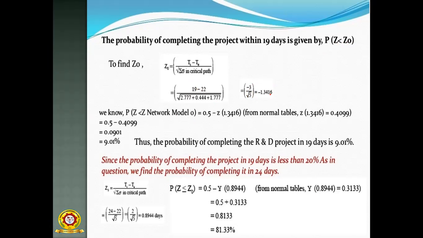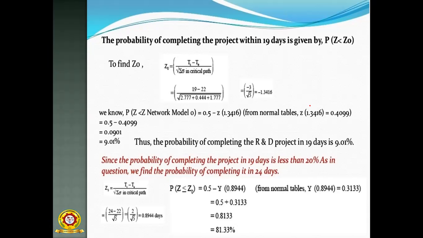What is the value of root 5? Root 5 is 2.23.